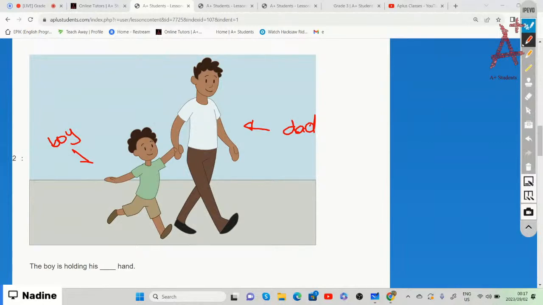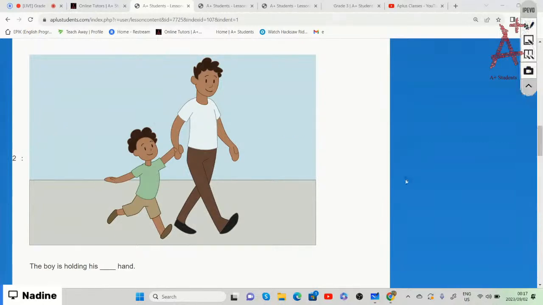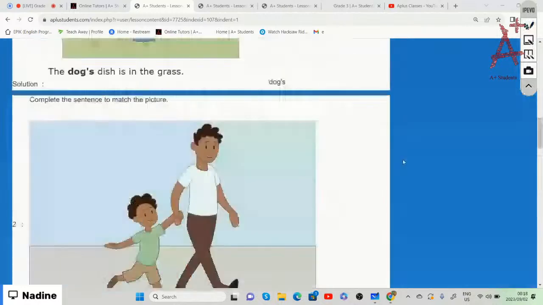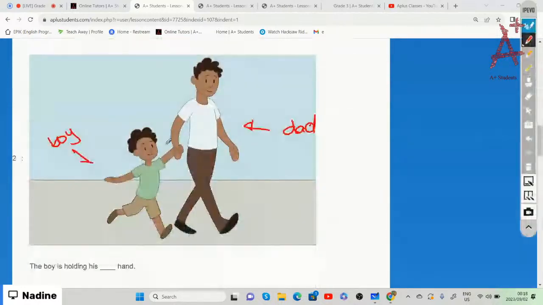Let us quickly double check. It's dad, yes. So this is his dad, right? So it says that the boy is holding, so we're going to say his dad's hand. And dad's apostrophe s gives us the indication that this is his dad, and his dad is holding his hand.